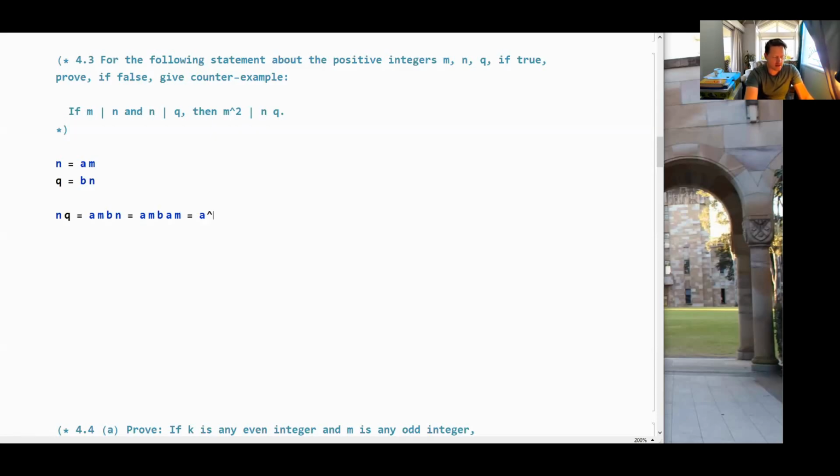That is a squared times b times m squared. And so clearly, because we have something times m squared, that means that m squared divides nq. So next we'll say, hence, m squared divides nq.